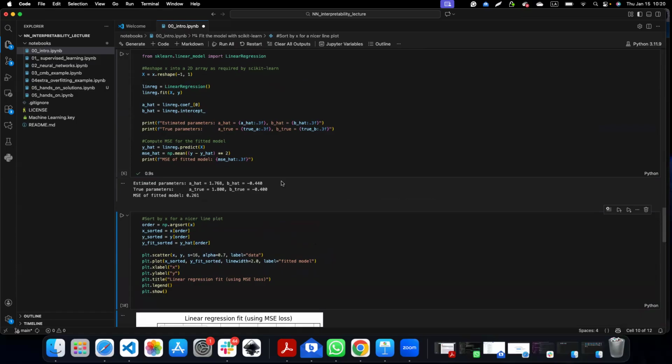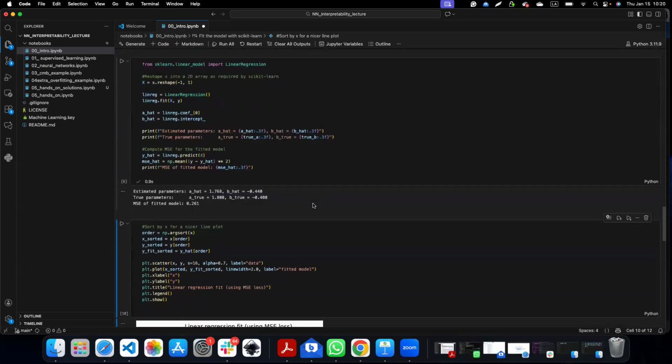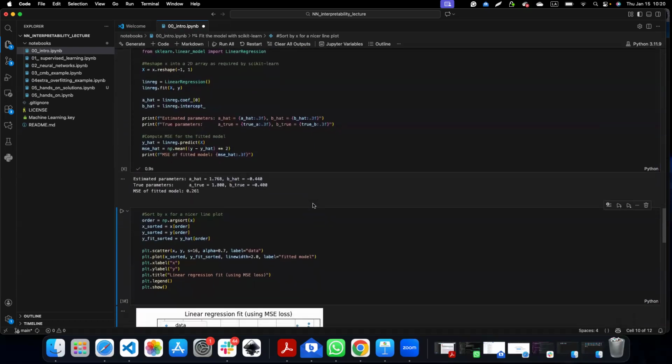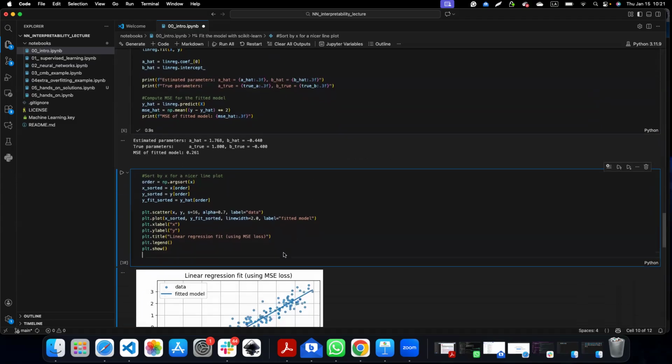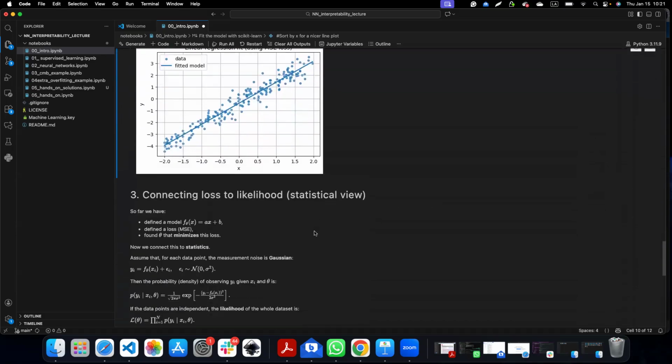Because again, if we go back, this is the parameter space, and maybe because we introduced some scatter, some noise, it is a bit deviated from the true values. And from the fitted model, we see that the loss is going to be 0.26, so not so bad. Could be worse.